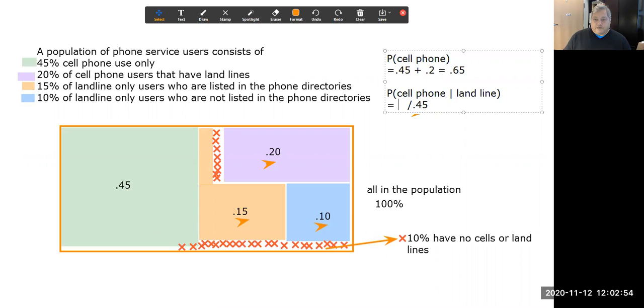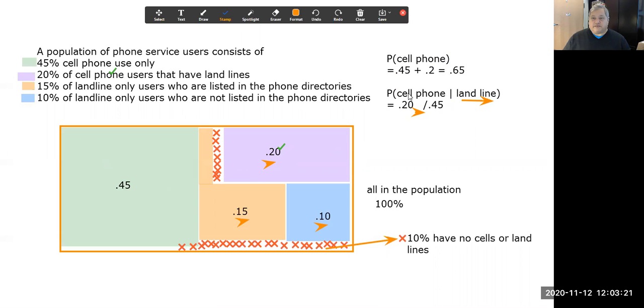Well, in those groupings, the only people who have cell phones are the 20% in the purple group. The green 45% doesn't count at all here, because that green 45% is nonsense. It is not people who have landlines, so they don't count in the conditioning space.